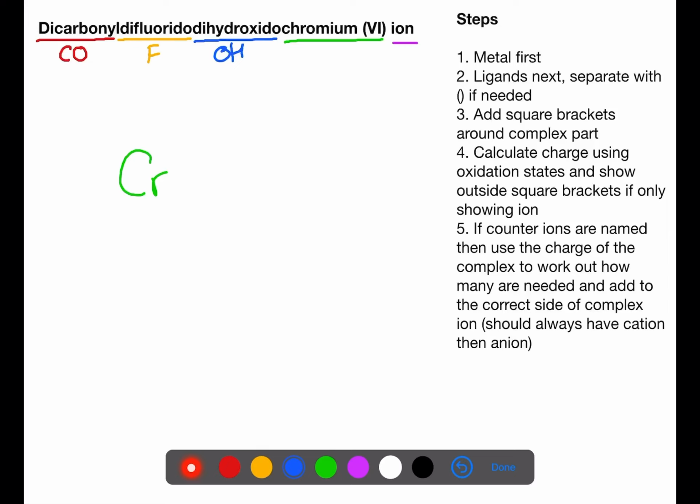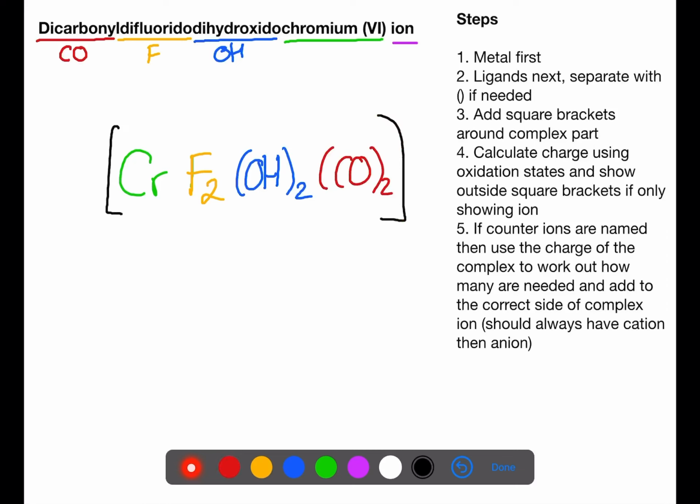So we need to put the fluorido and hydroxido ligands first, and they need to go in alphabetical order. So we'll have fluorido first, and we have 2. Then we'll have hydroxido, and again we have 2, followed by carbonyl, and again we have 2.